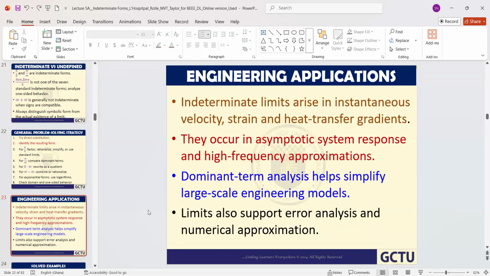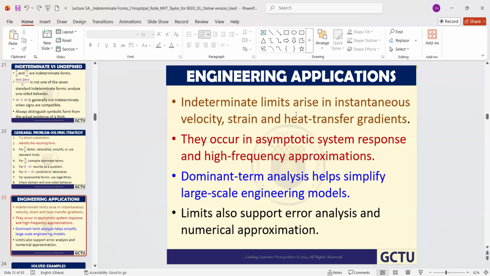Okay, so what are the engineering applications? Like I said, the last session is about engineering applications of all these topics. So we say that indeterminate limits arise for instantaneous velocity or strain and heat transfer gradients.